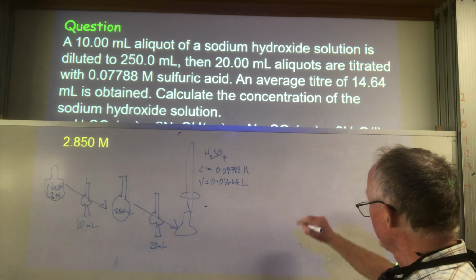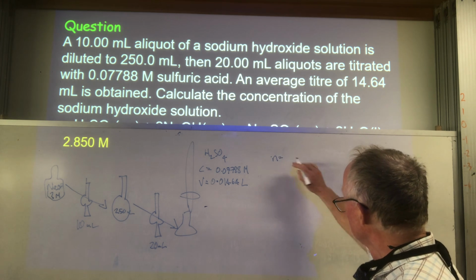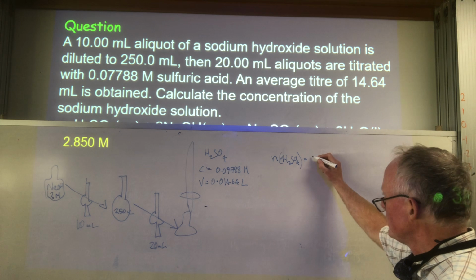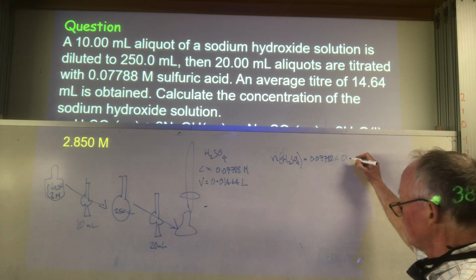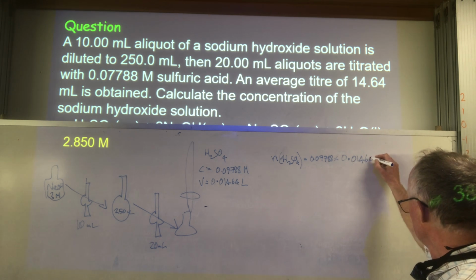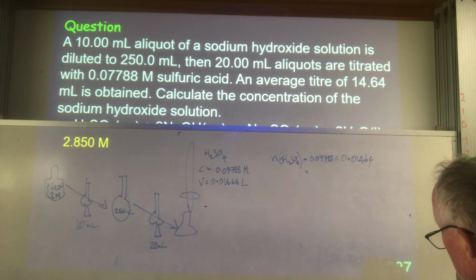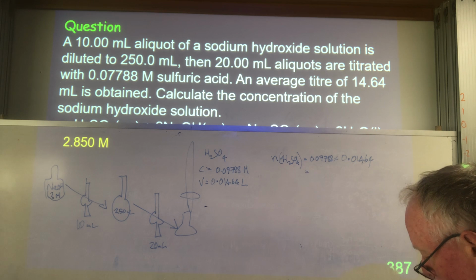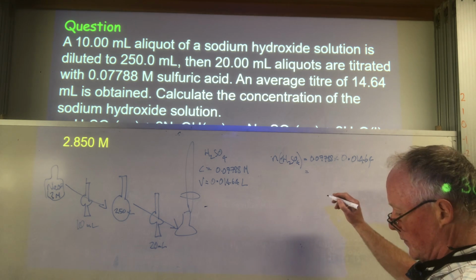First step is always moles of the standard solution. Moles of, I'll actually say what I'm calculating here, moles of sulfuric acid equals concentration times the volume, equals 1 point.